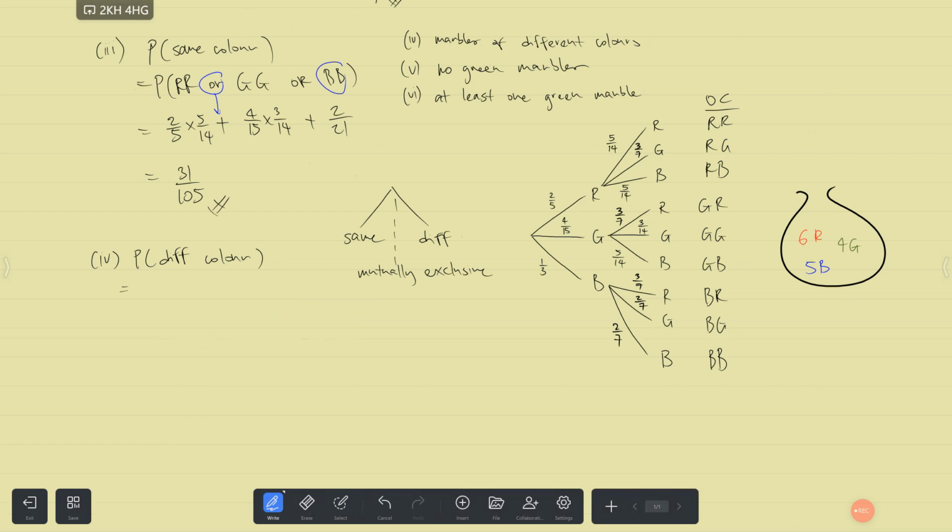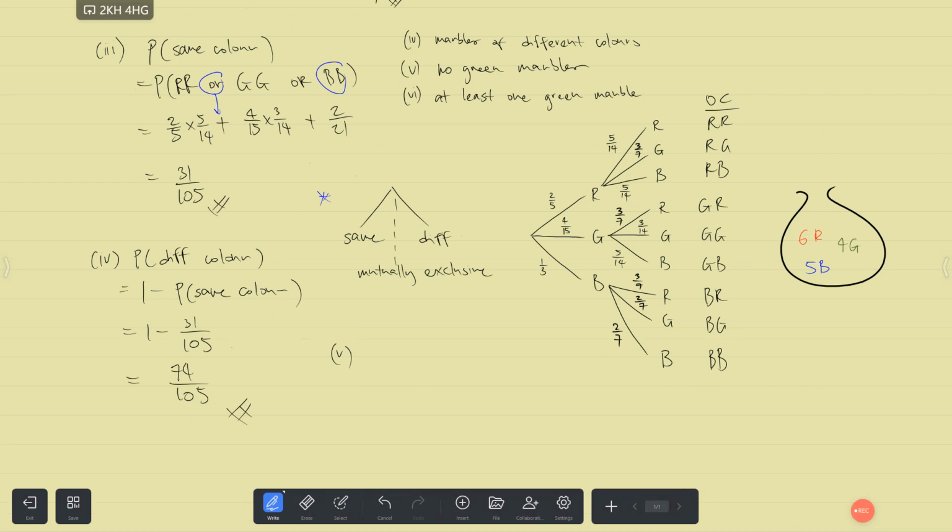Once you have this relation, you can take it as 1 minus P(same color), which is the answer from our previous working. So it's 1 minus 31 out of 105, which gives you 74 over 105. Very straightforward.